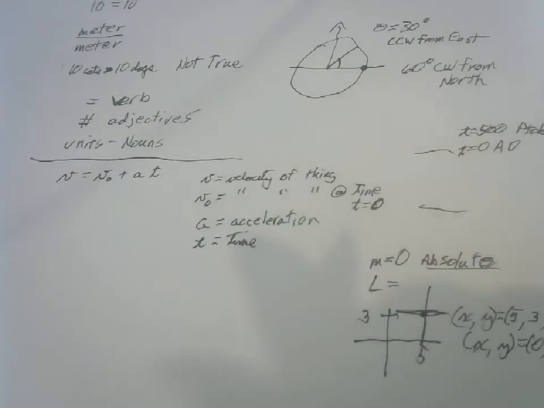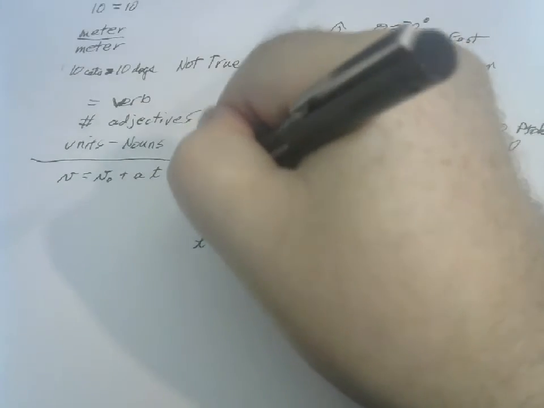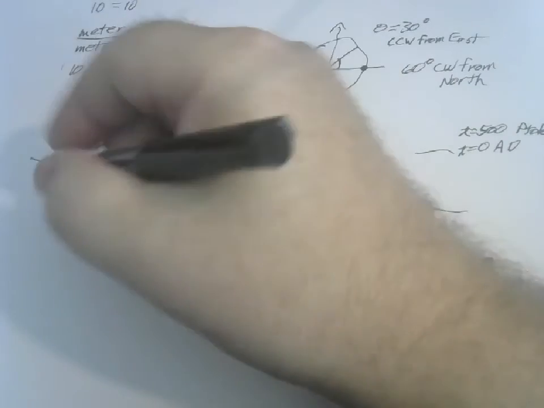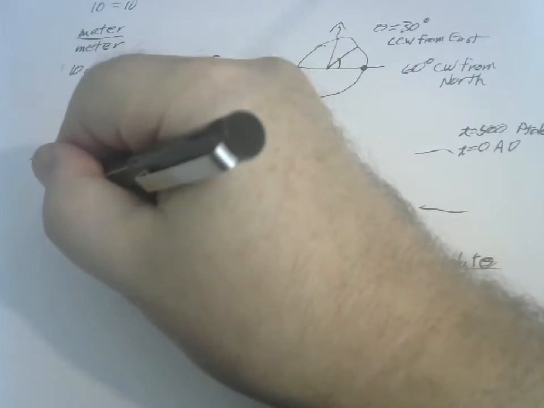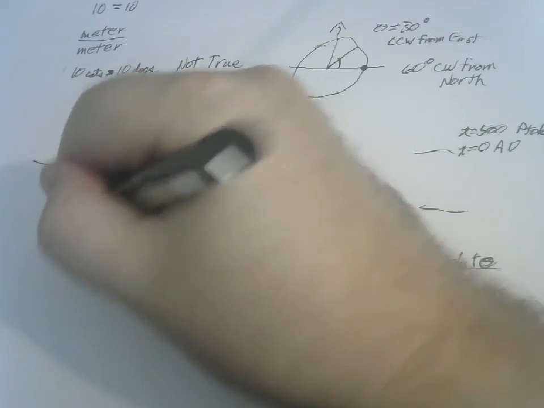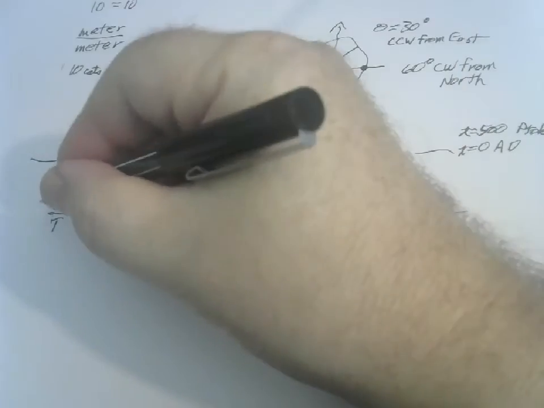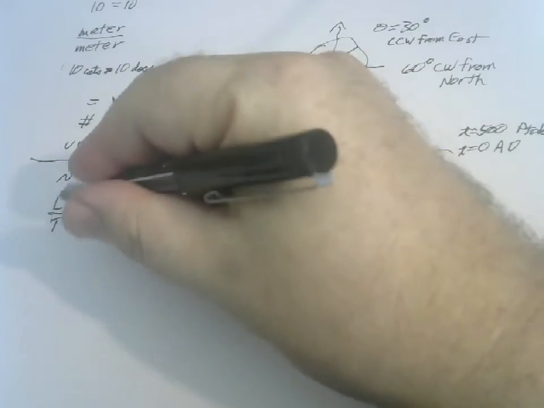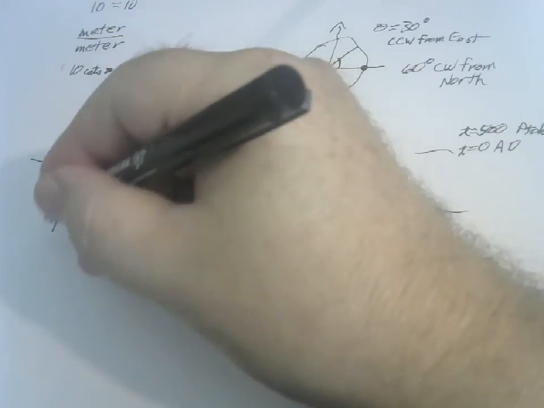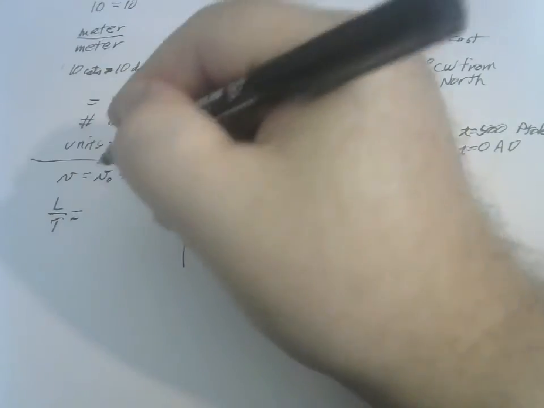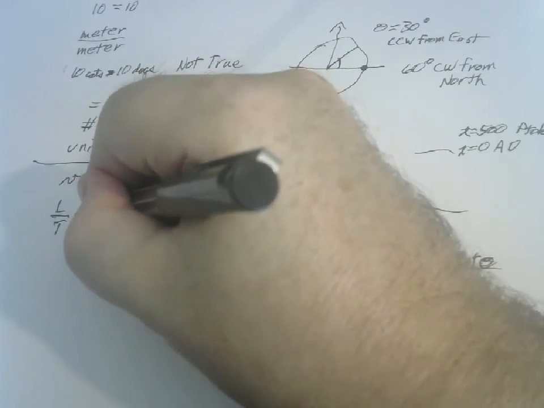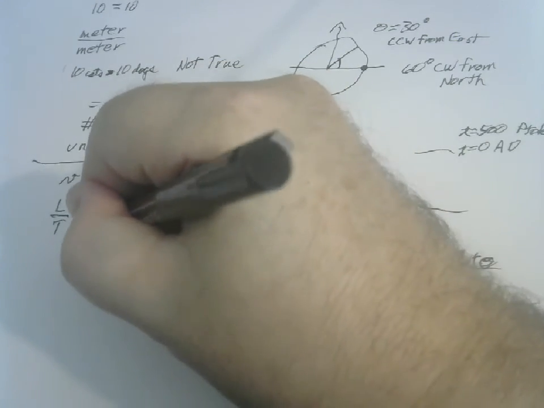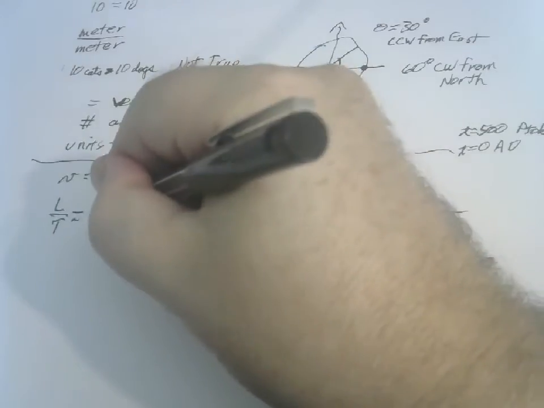And what happens when you work out these things, v will be in units of length divided by time, meters per second, feet per second, miles per hour, whatever the length is, a length divided by a time. V sub naught will be the initial speed, which is also in length divided by time.